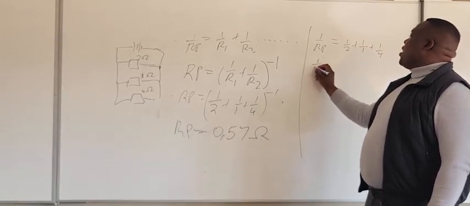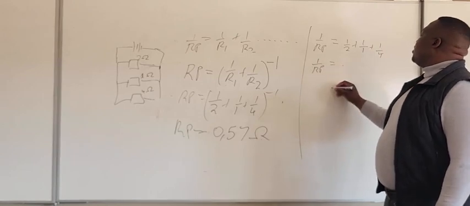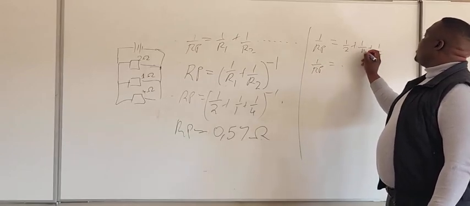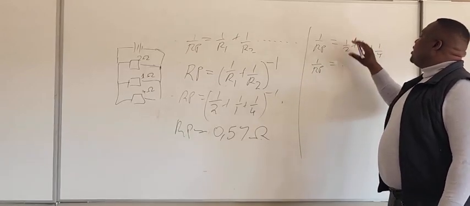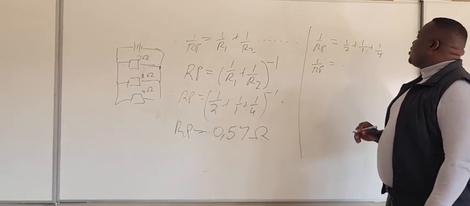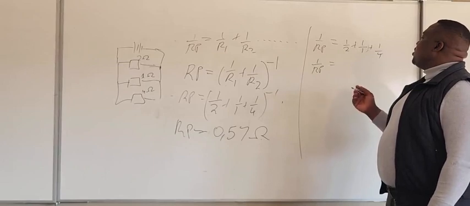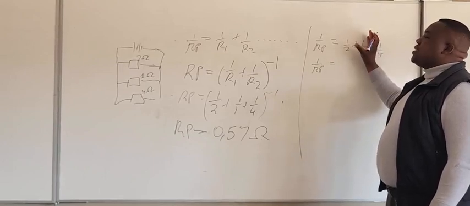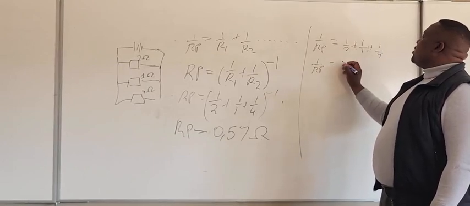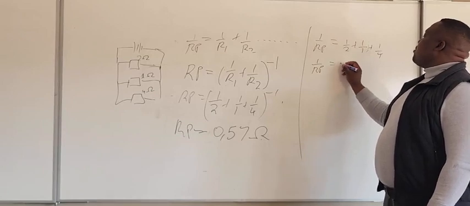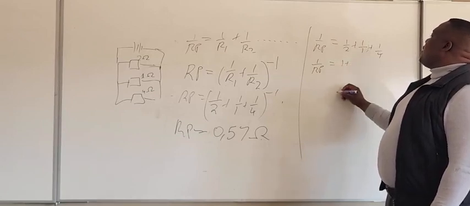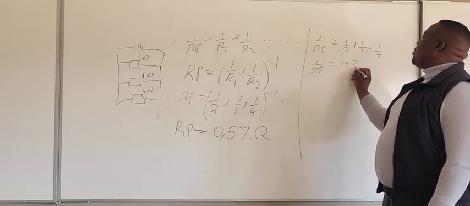You are going to add the fractions 1 by 1. I told kids that when you add fractions, you cross multiply and multiply the denominators together, but you will do that 2 by 2, meaning that you are going to have 1 multiplied by 1 plus 2 multiplied by 1, just cross multiplying.